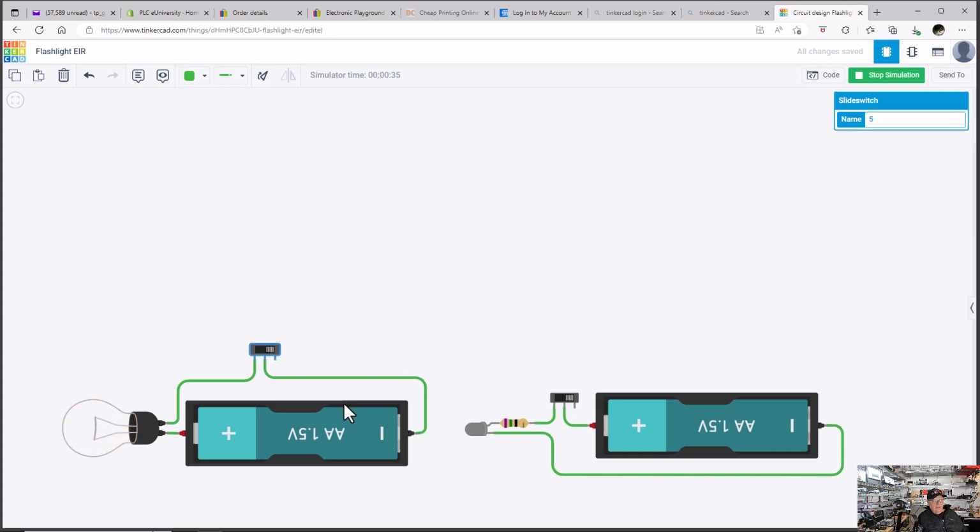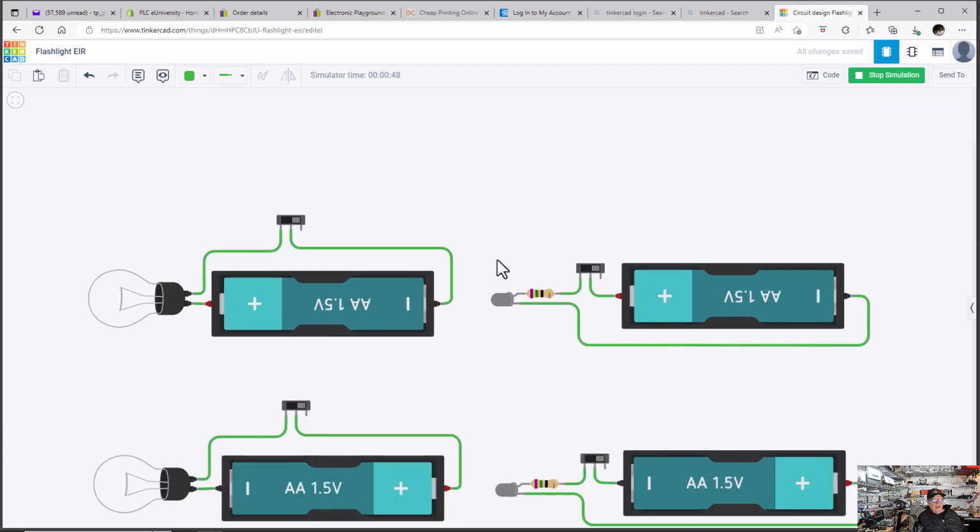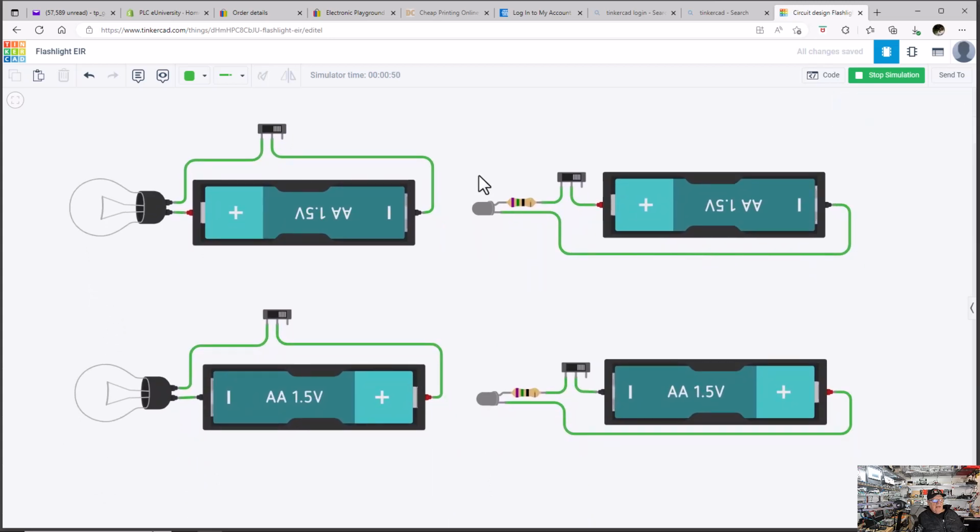Now notice that the text on the battery is upside down. That's because I wanted the plus end of the battery facing against the bulb, not the negative end. But I can scroll down and do the exact same thing. But in this case, I've also flipped the battery around.